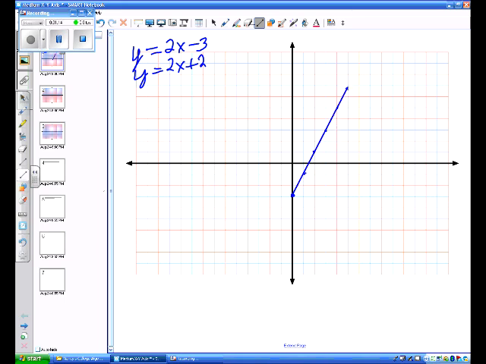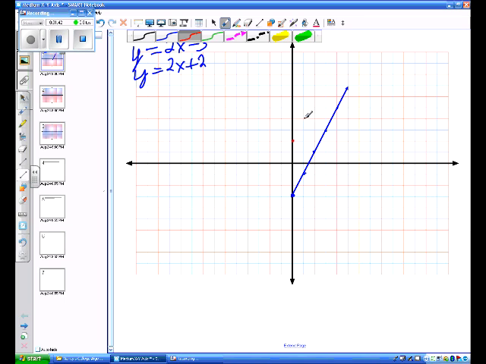Then we can draw that line. If we graph the second line, y equals 2x plus 2, our intercept's at 2, and we have a slope of 2.